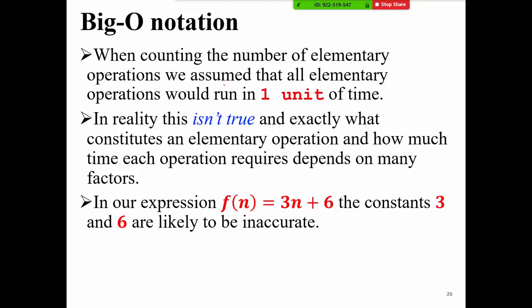But in terms of our considerations for time complexity in this course, we don't really need to know the 3 and 6, the factors in f of n equals 3n plus 6. These are actually not correct, because what is 1 unit of time? It's not clear for us.